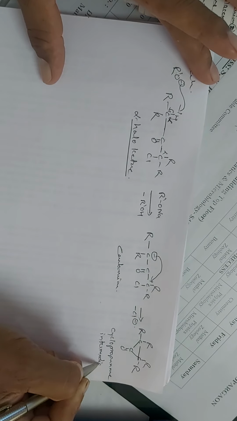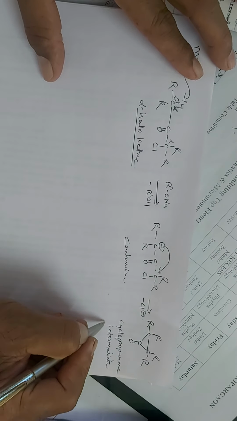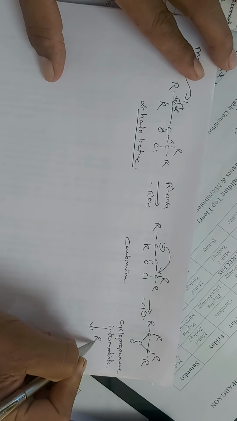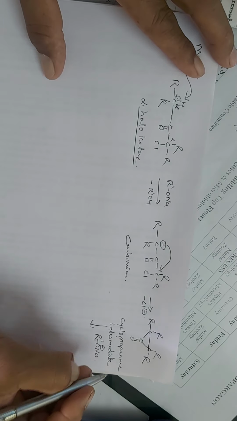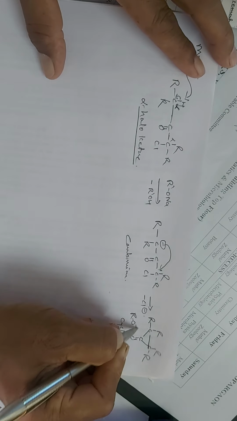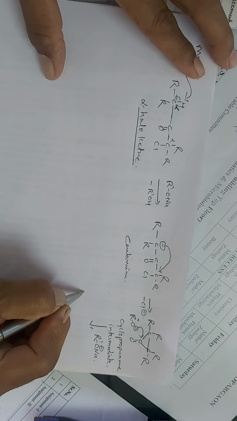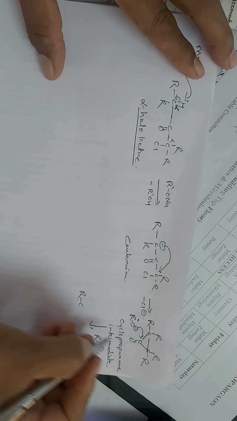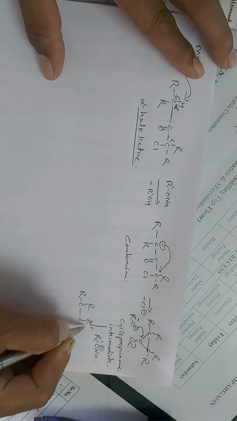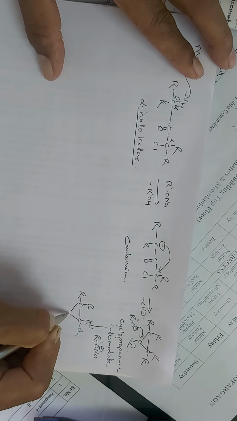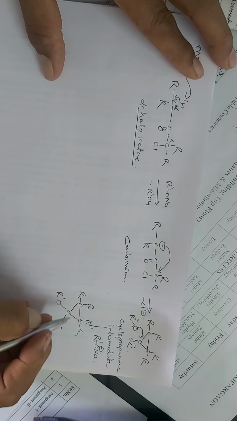This cyclopropanone intermediate further reacts with the base, RO minus, which attacks on this carbonyl and gives the formation of RCRR-C(O minus)(OR').